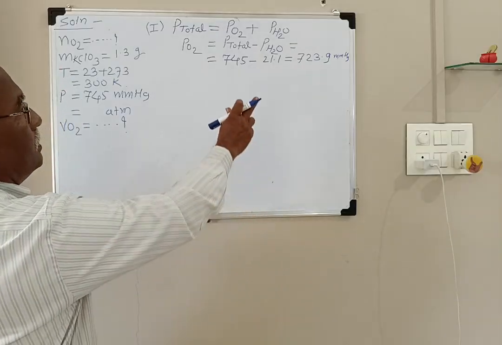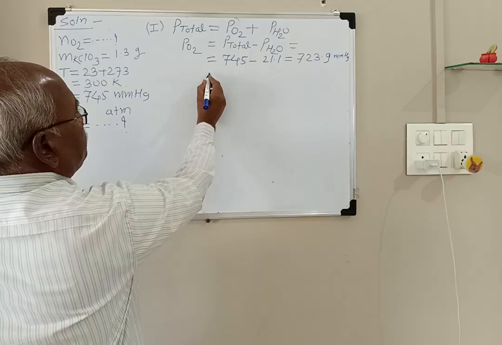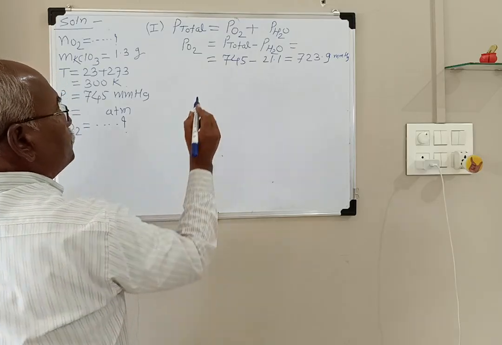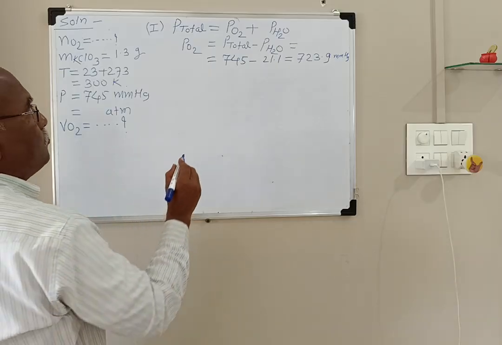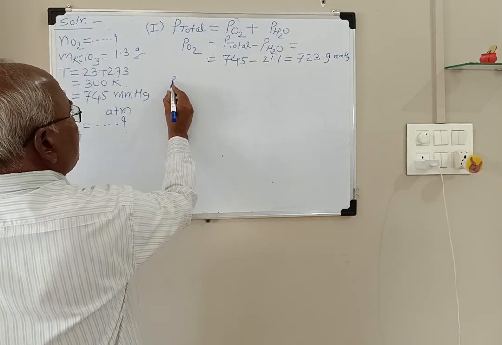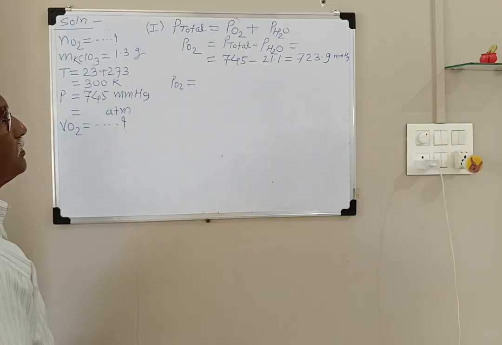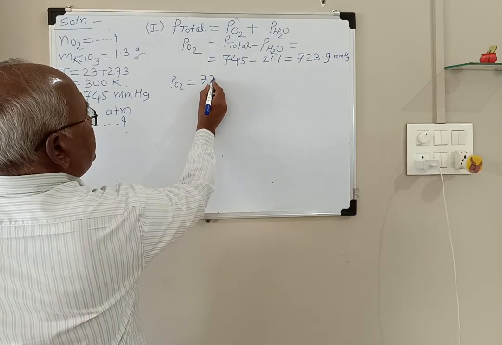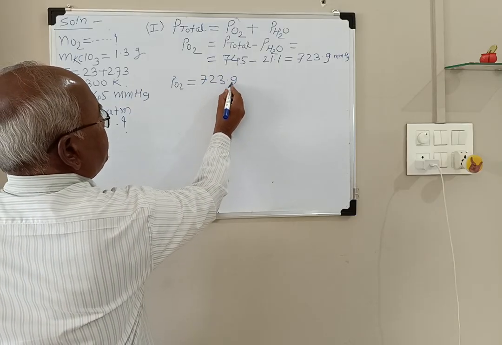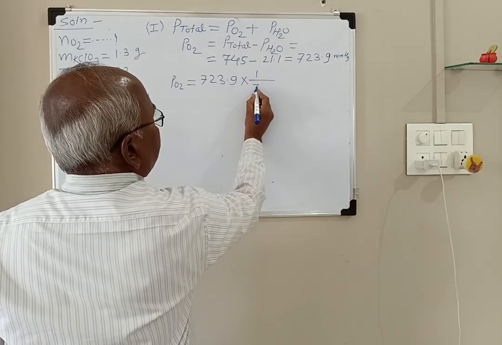Now I want to convert this pressure into atmosphere. How to convert? Pressure of O2 is equal to 723.9 into 1 upon 760.